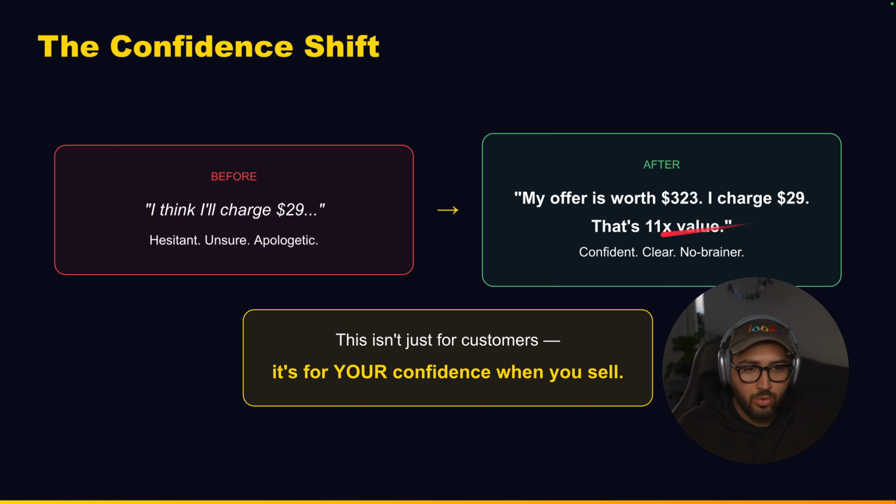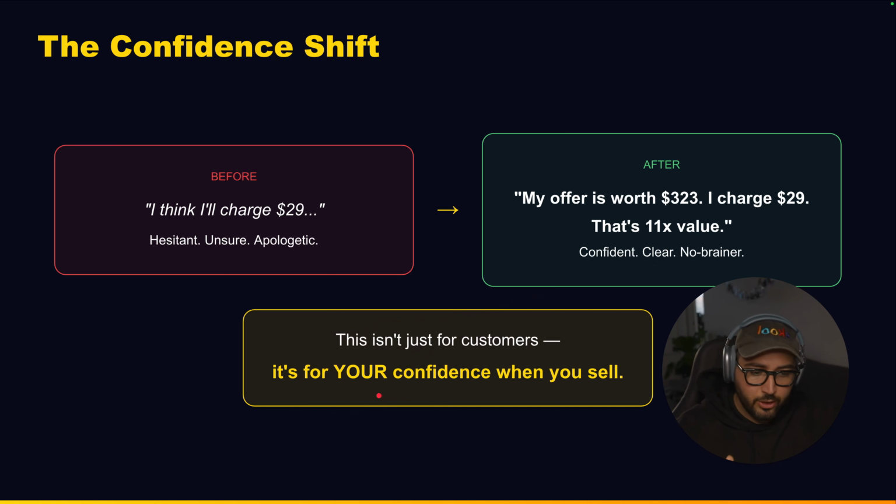But now she's telling, my offer is worth $323. I charge $29. That's 11x the value. Confident, clear, no-brainer. And this isn't just for customers, it's for your confidence when you sell it.